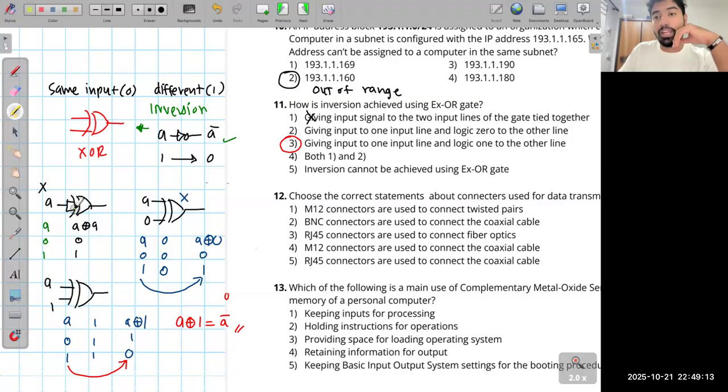So A XOR A. 0 XOR 0 is 0. 1 XOR 1 is 0, because same inputs always give 0. If A is 1, here 1 and here 1, then 1 XOR 1 is 0. Same input, 0.